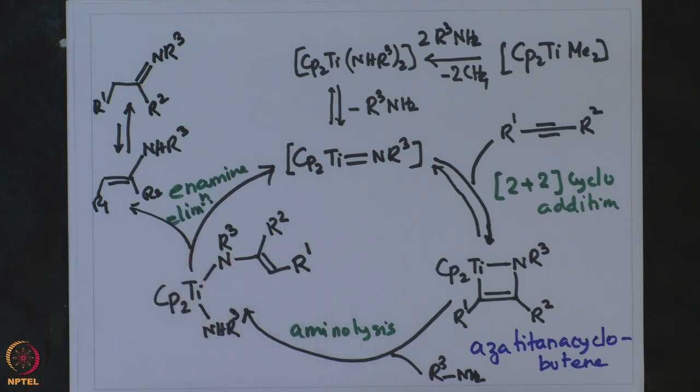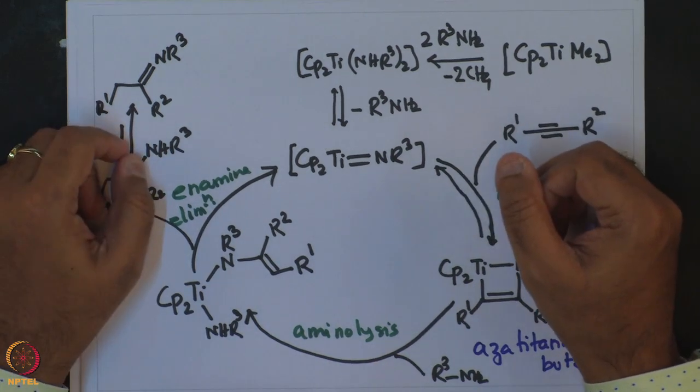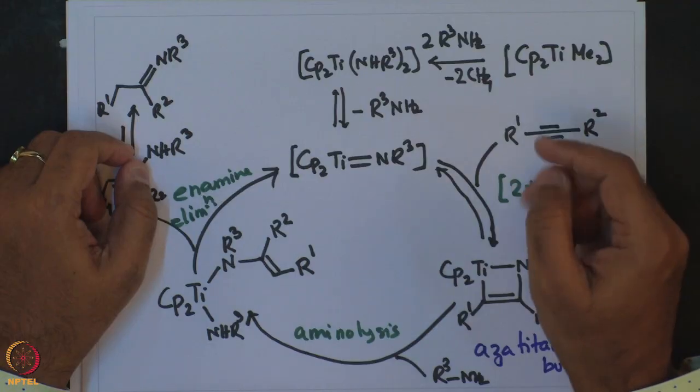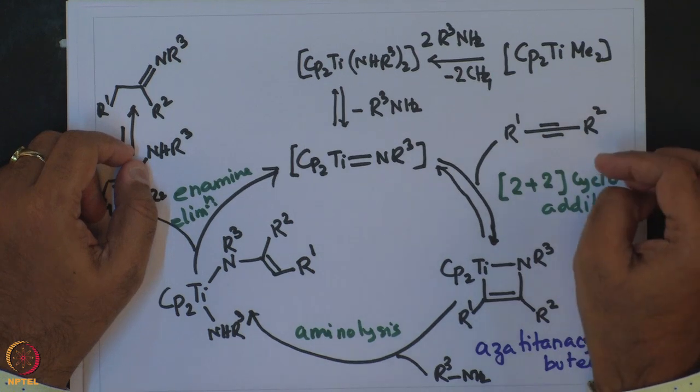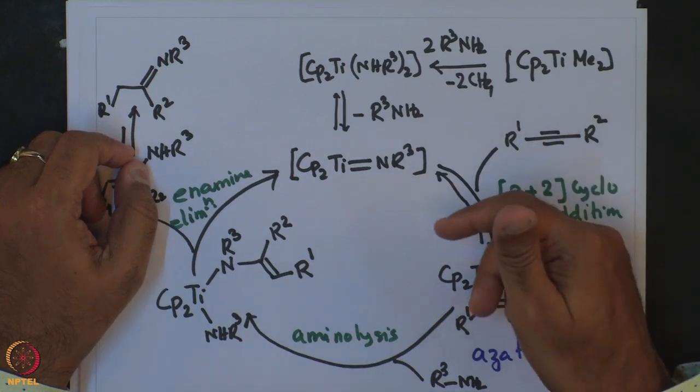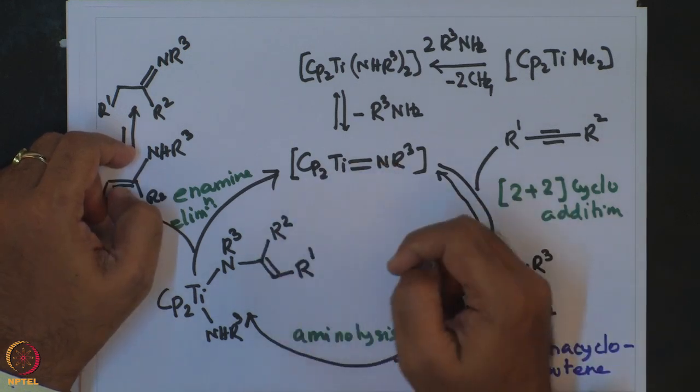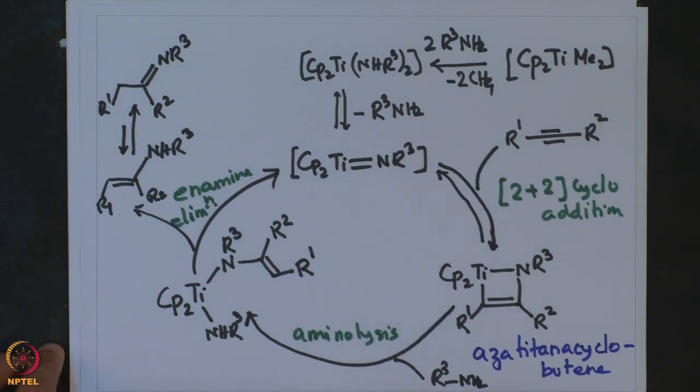So, here we see a very nice catalytic cycle, and one interesting thing about the hydroamination reaction is that the catalytic cycle consists of 3 elementary steps. The first one is this 2 plus 2 cycloaddition, followed by aminolysis in presence of excess amine, and third is the enamine elimination reaction, eliminating enamine as the product and regenerating the titanium imido species.